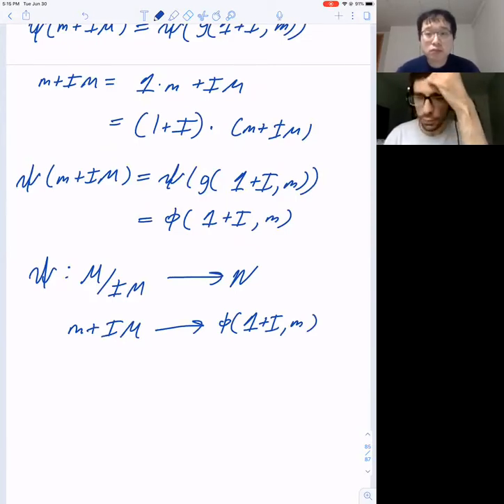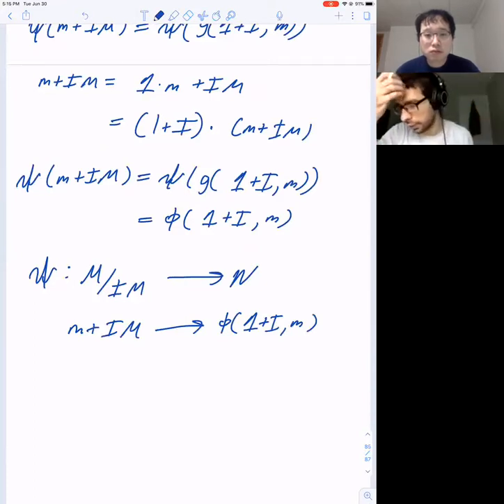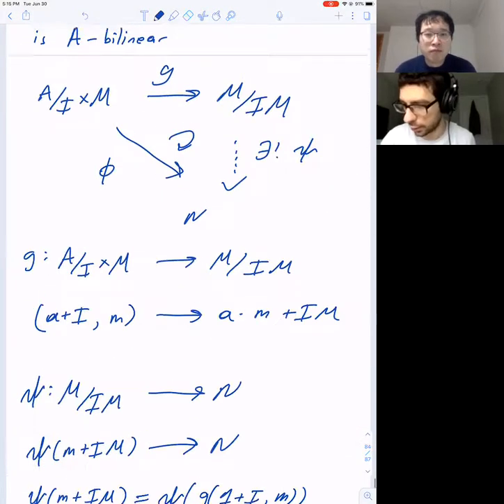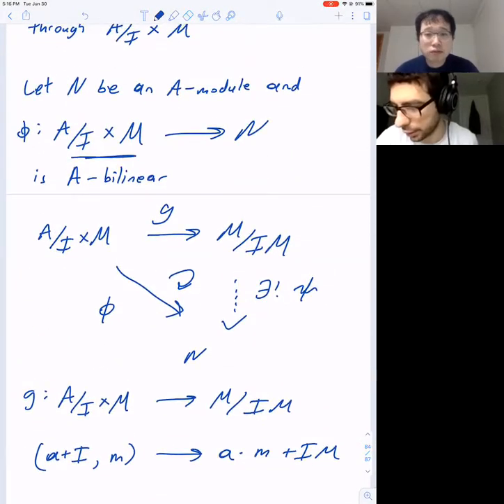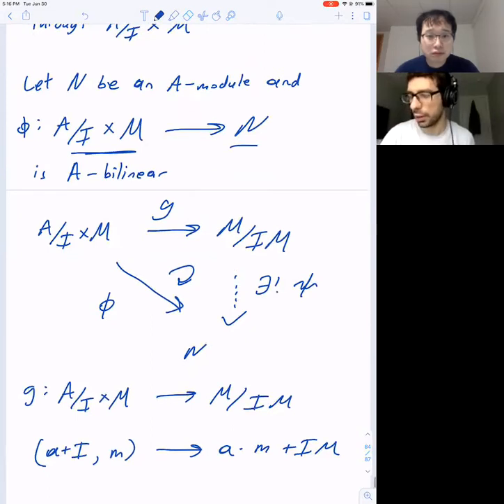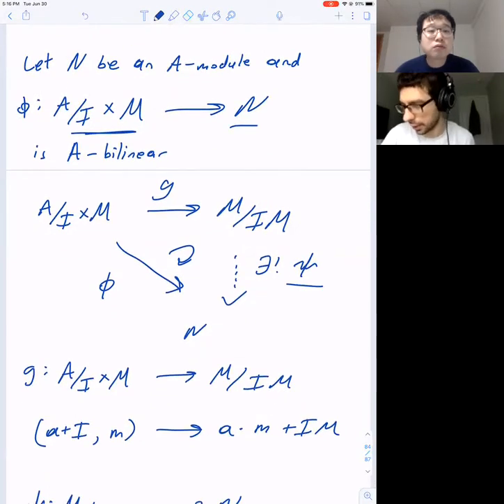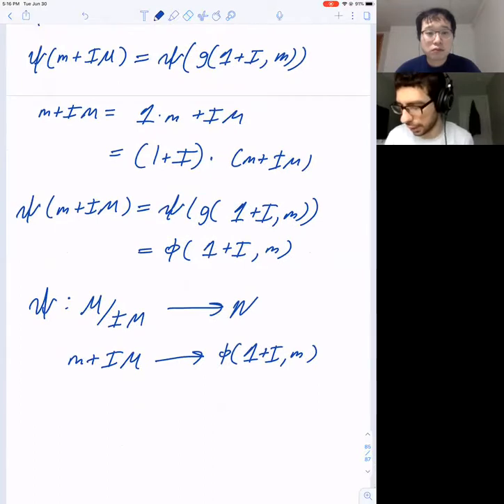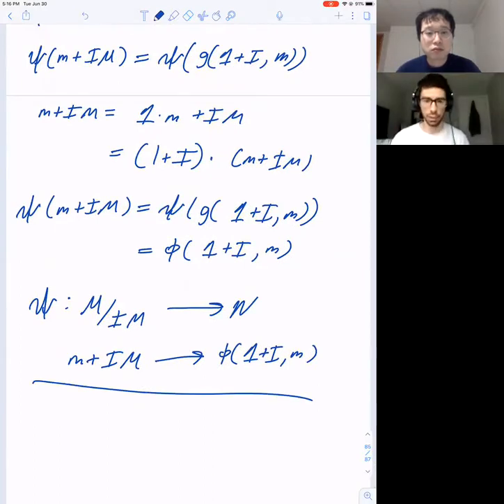So if you have that phi is a bilinear map from A mod I cross M to N, then I can define a map psi that makes this diagram commute, but psi must be unique. Psi is precisely this map, and therefore done.